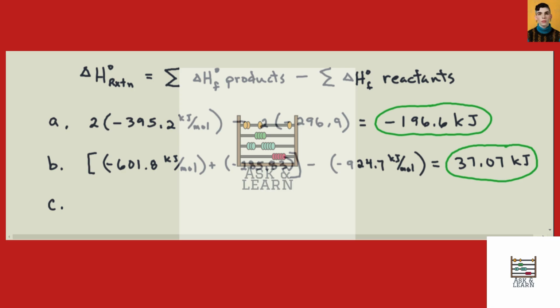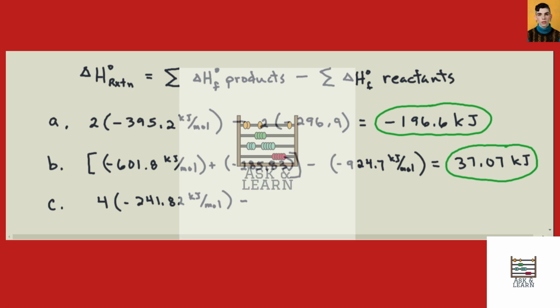In letter C, we have 1 product, that being the water in its gaseous state. The nitrogen is in its elemental form, so its heat of formation is 0. So we do not have to worry about that. But there are 4 of the waters. So I need to multiply 4 times the negative 241.82. And then I'm going to subtract the reactants.